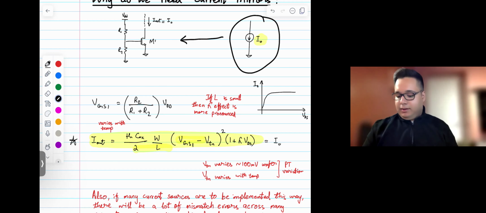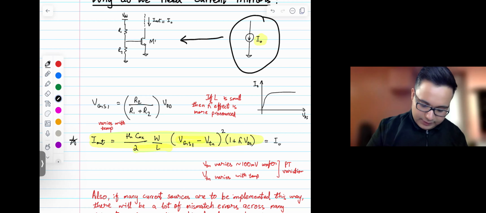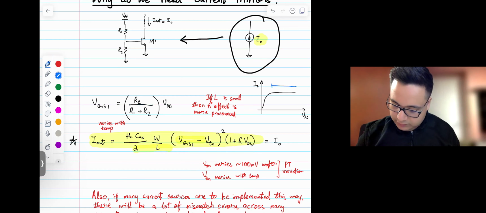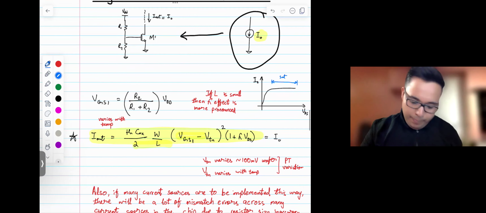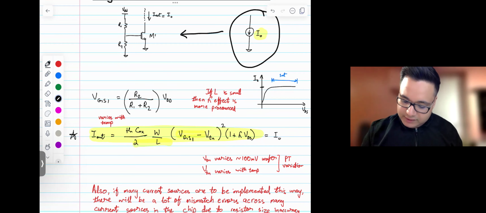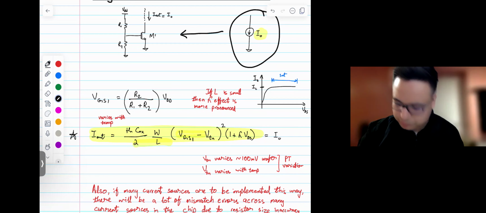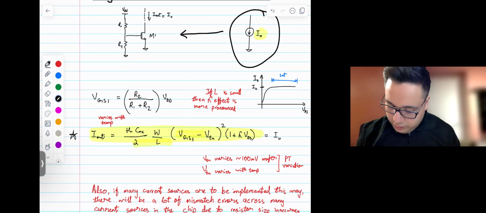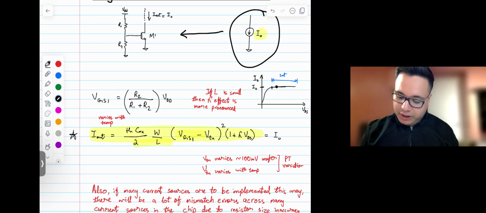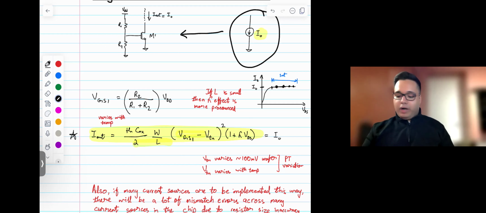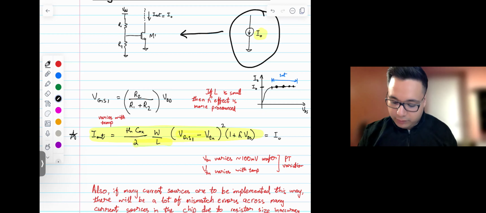Let's say this is the line, and this would be, let's say, saturation, right? And so what I'm saying is that I'm going to bias this transistor such that it is in saturation, and the current in this saturation region would be, whether I put my transistor here or here or here, whatever the operating point might be, the output current you'll notice is I naught, right?